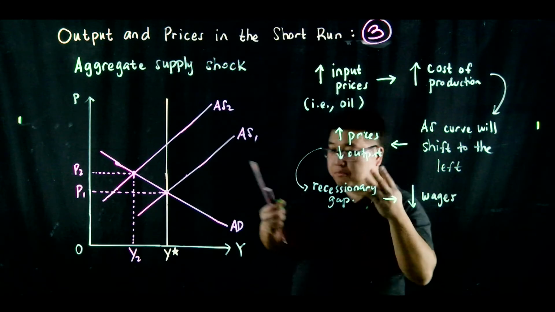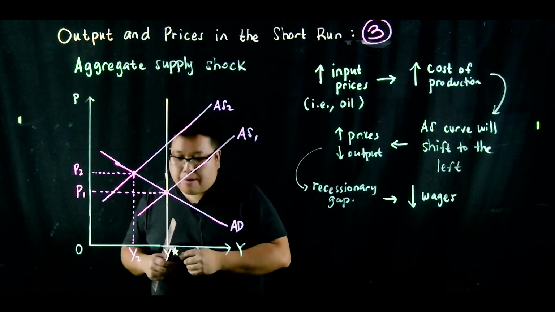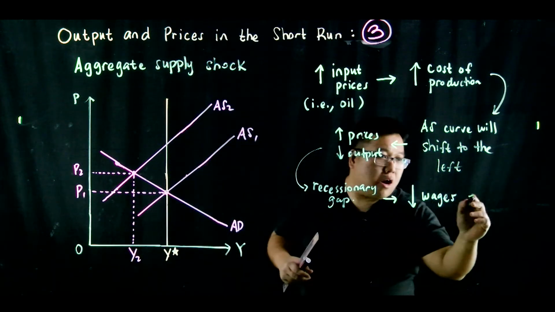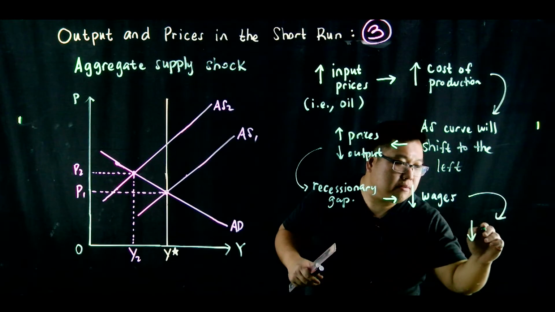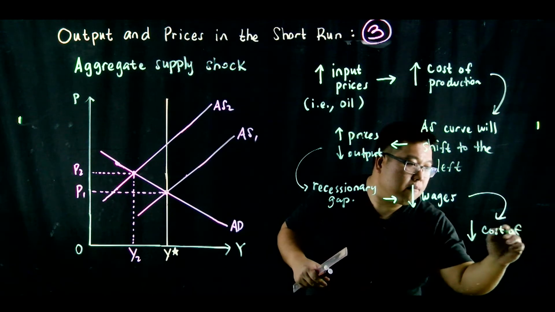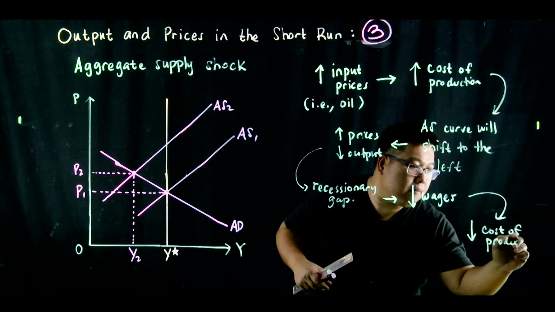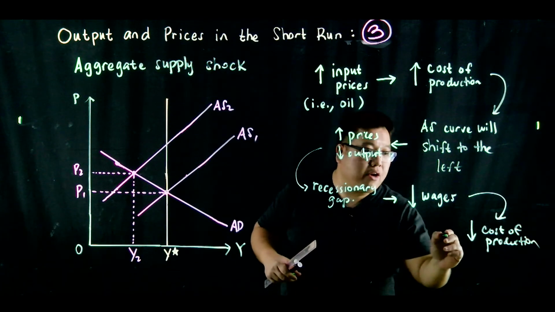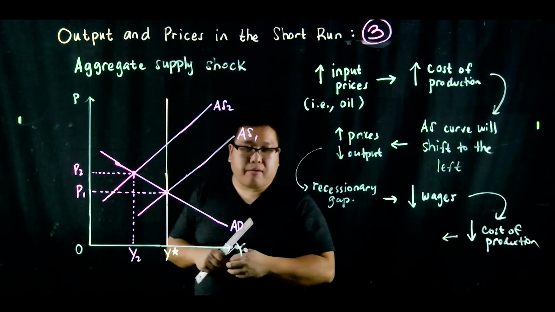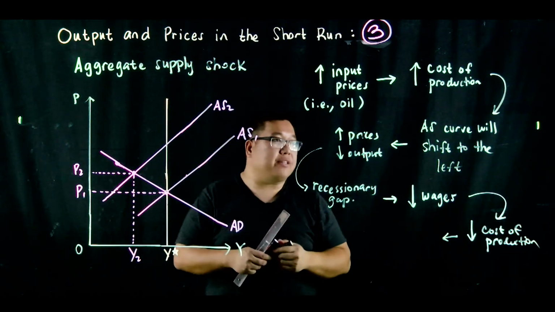Or, for instance, input prices. When that happens, cost of production decreases. And when cost of production decreases, our aggregate supply curve will shift to the right.